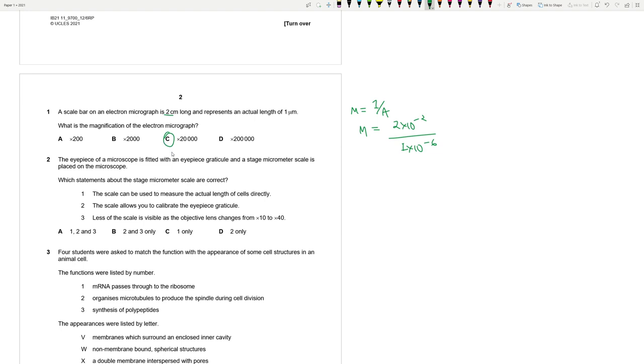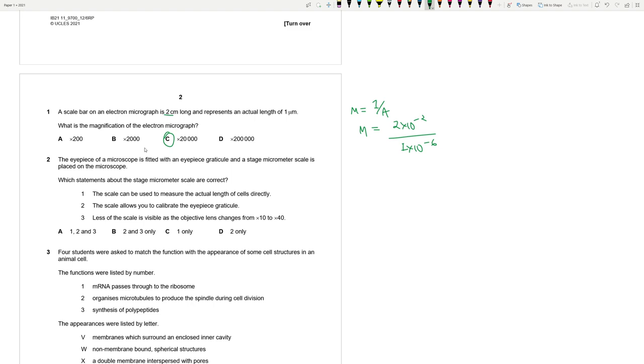20,000 times, 20,000. The eyepiece of a microscope is fitted with an eyepiece reticle, and a stage micrometer scale is placed on the microscope. Which statements about the stage micrometer scale are correct? The scale can be used to measure the actual length of cells directly. Not really.